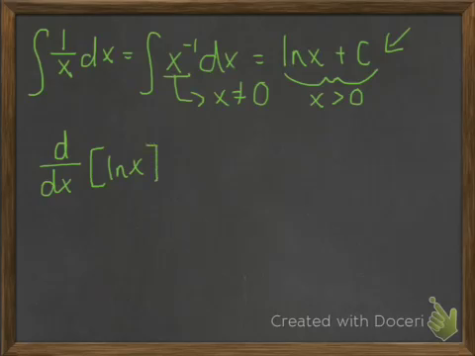Well, we know that's going to be 1 over x. But what if we had a negative value for x? We can always write it as ln of the absolute value of x. What about that? Well, this is actually a way that you can write the antiderivative of 1 over x.